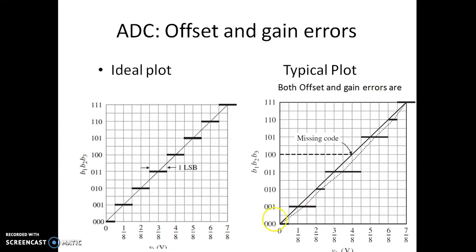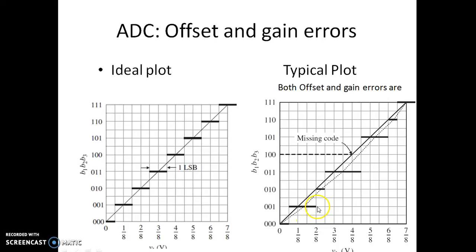Just see the typical graph. For the first case, it is happening fine, at half LSB. But in this case, this was supposed to make a transition here, but it is making a transition here. This is half LSB, this is 2 times half LSB, this is 3 times half LSB, and it is happening at 4 times half LSB.